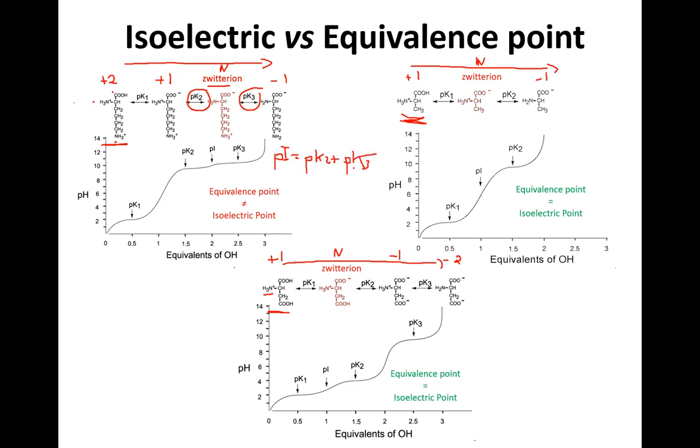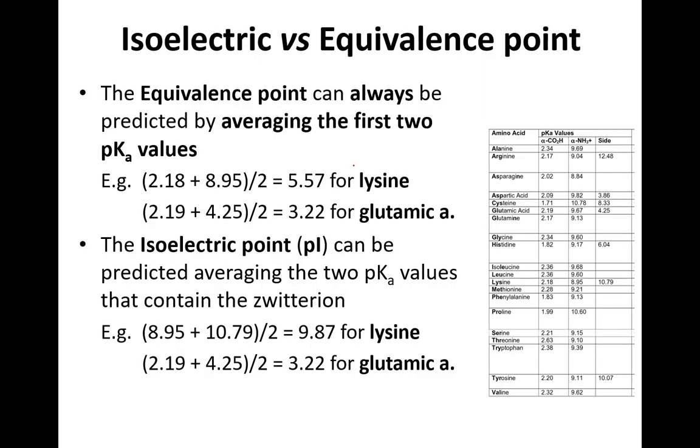And you know what they correspond to, divided by 2. For glycine it will be pK1 plus pK2 divided by 2. Same thing for glutamic acid: pK1 plus pK2 divided by 2, because that's the one that contains the zwitterion.